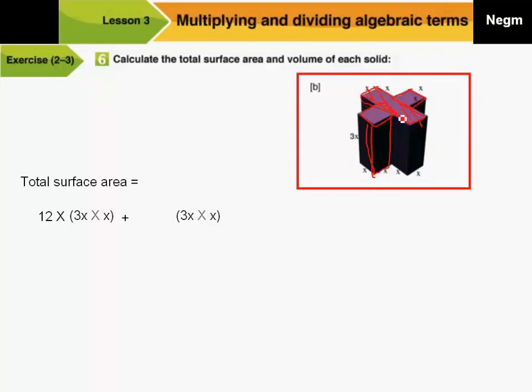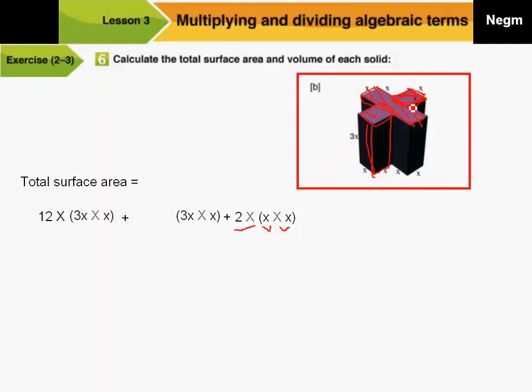The length is 3x, width is x. So it is 3x times x plus the area of the square, which is x times x. And we have 2 equal shapes. So this area multiplied by 2.